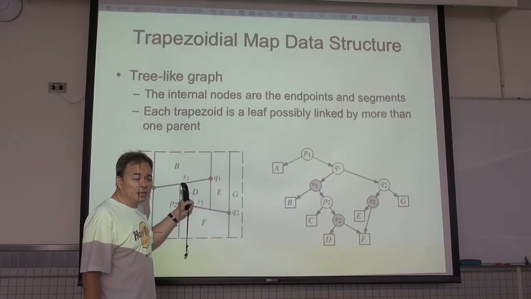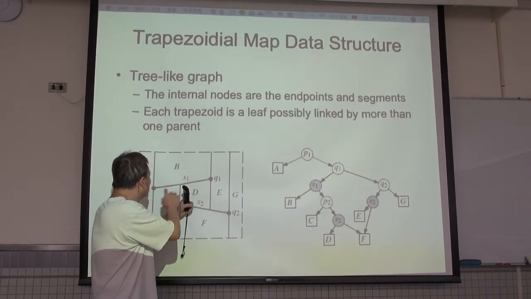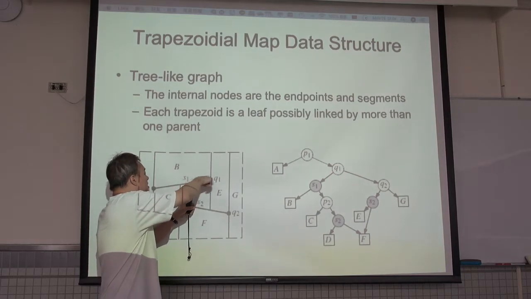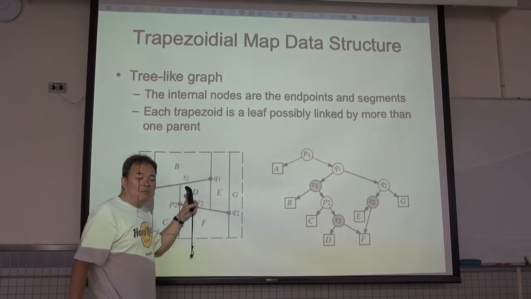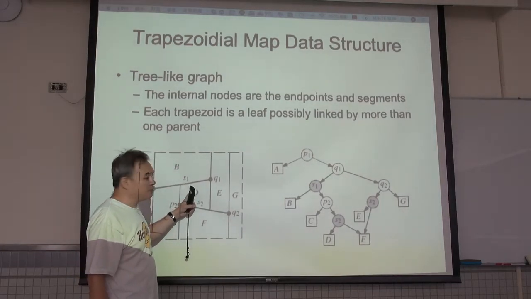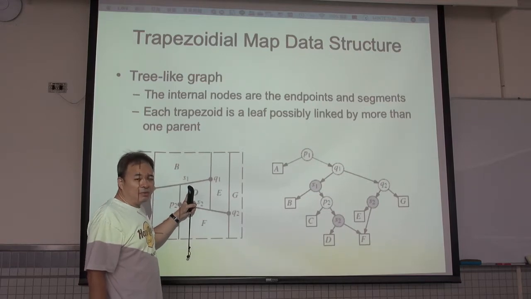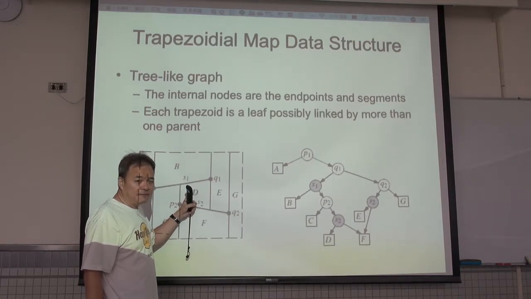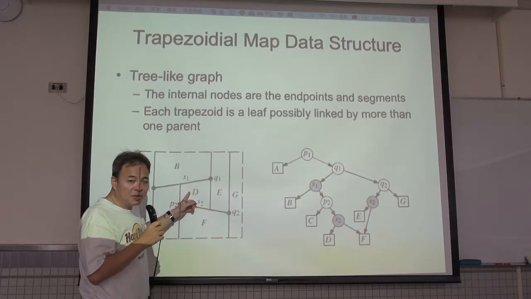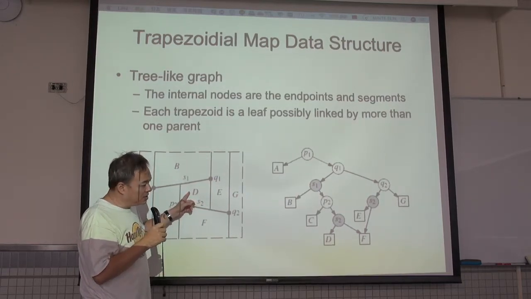So where is S1? S1 is this one, right? If it's above the segment, we go to the left subtree. If it's below the segment, we go to the right subtree. So this point is below S1, so we go to the right subtree.